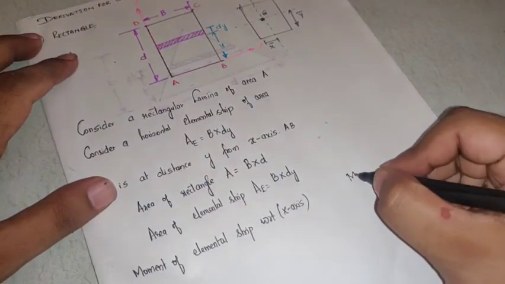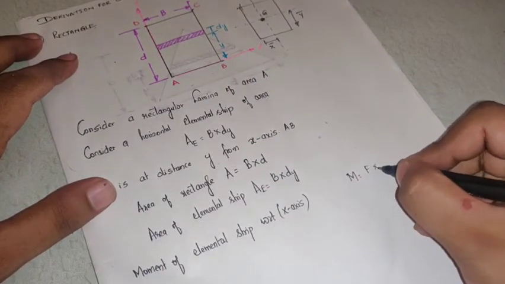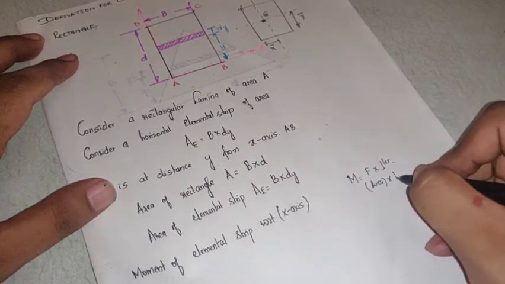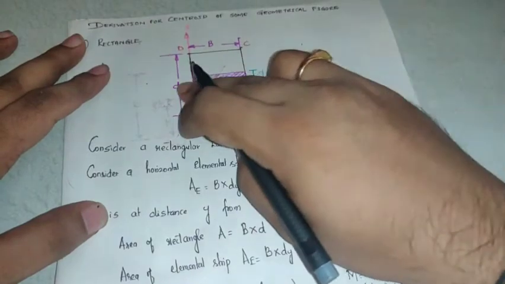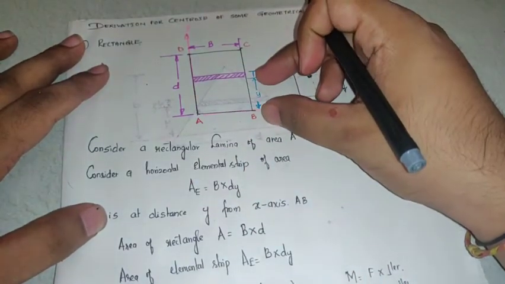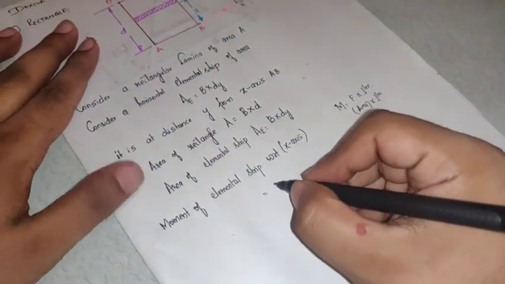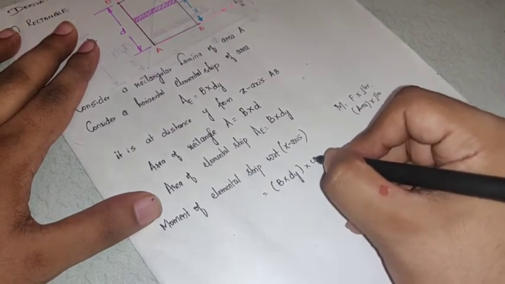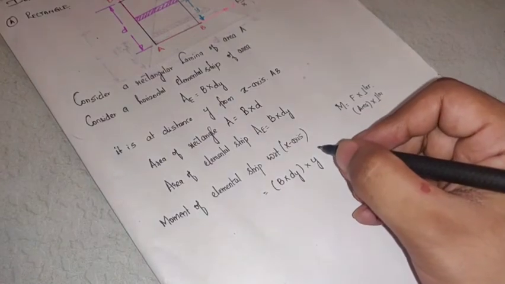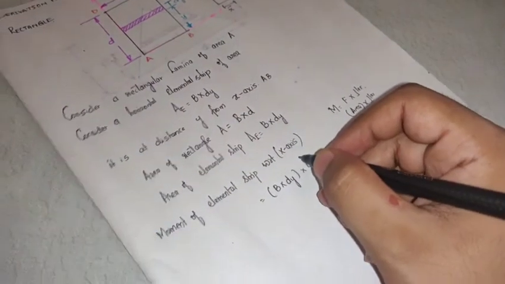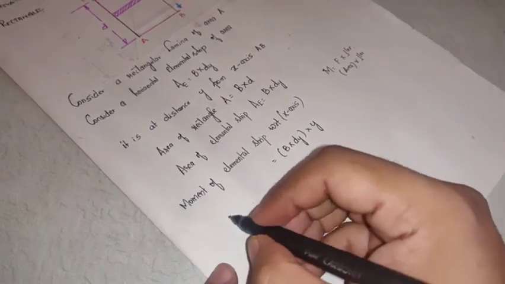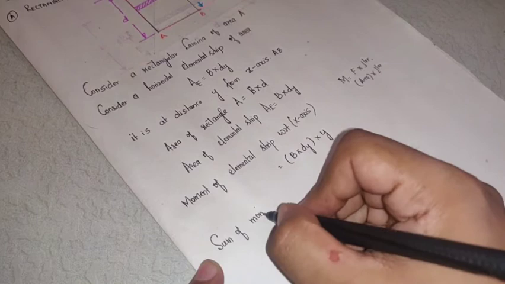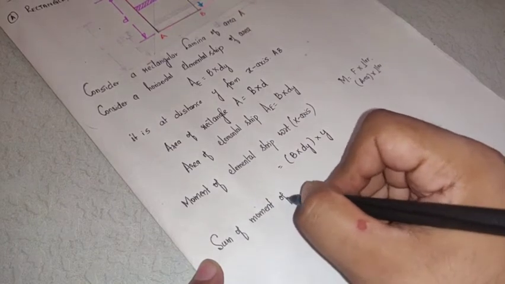We know that moment M is given by force into perpendicular distance. Here we consider the area as the force. The area is B into dy, and the perpendicular distance is y. So the moment of the elemental strip is B into dy into y. Now what will be the sum of moments of the elemental strip?